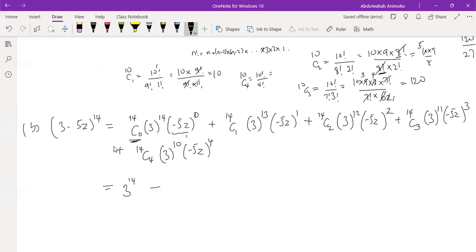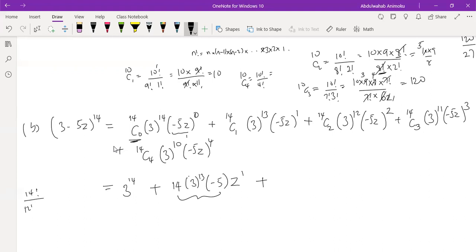So the first coefficient is going to be 3 raised to the power 14. That's all. Now the second one is 14 combination 1, which is 14. Now we have 3 raised to the power 13, then times minus 5z raised to the power 1. So we need to multiply this in your calculator to find out what that value is. What about the next one? 14 combination 2, I don't know what that number is. So let's see, hopefully I can figure it out.